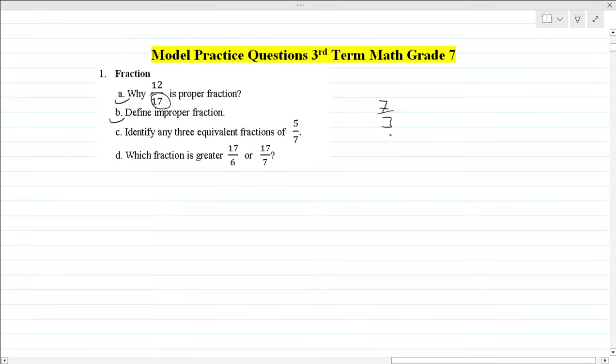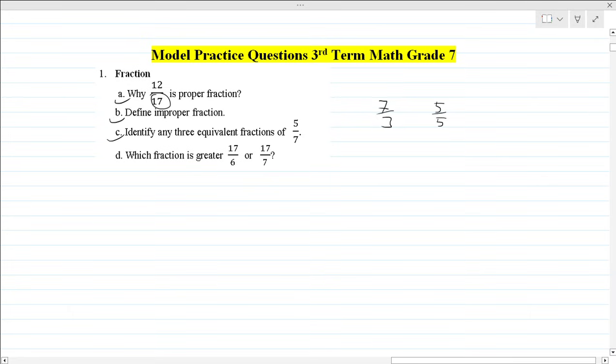Here 7 is the numerator, which is greater than its denominator, so this fraction is an improper fraction. Or you may say 5 by 5. Here the numerator and denominator are both equal, so that kind of fraction we also call an improper fraction. So how do we define it? A fraction in which the numerator is greater than or equal to its denominator is called an improper fraction.